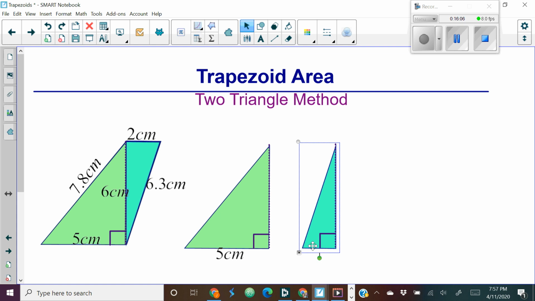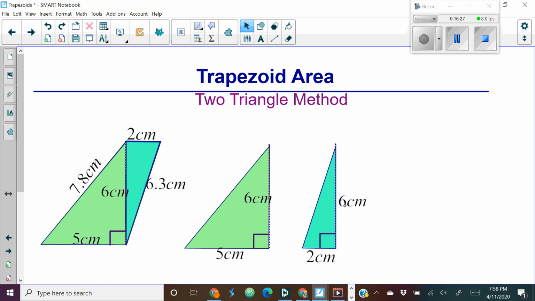I had it a little lopsided, so I'm just fixing it. And because I rotated that triangle, the base of the blue triangle is 2, and the height of both of them is 6.